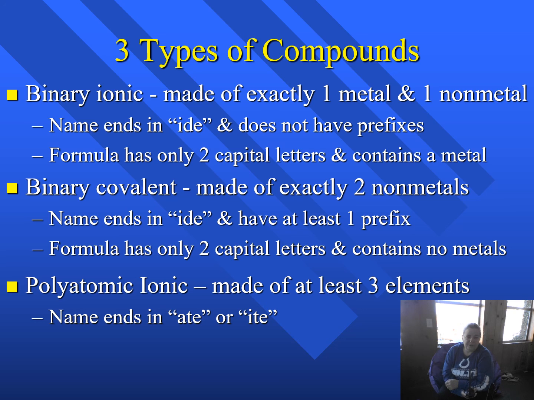So I just go down through. If I have a list of compounds that I have to name or write formulas for, I go down through and I find all the ones that end in "ate" or "ite," and I mark those as polys and do those first. That only leaves you with binary ionic or binary covalent, and you just got to figure those 2 out.